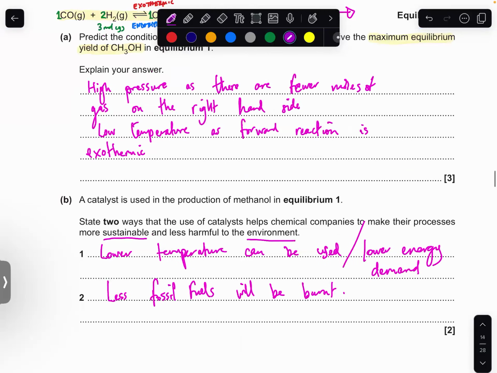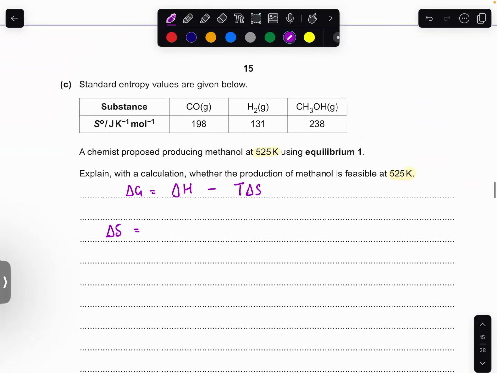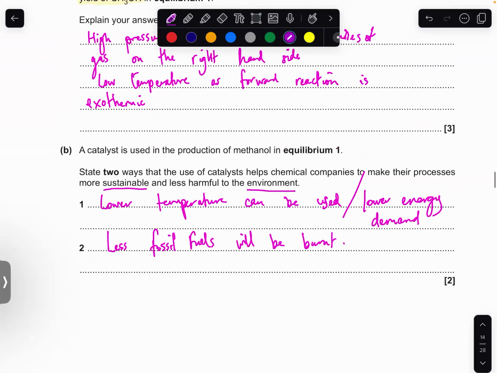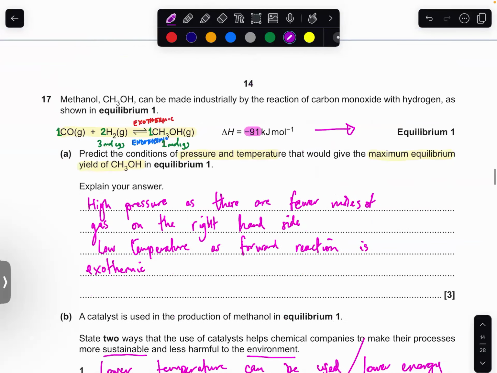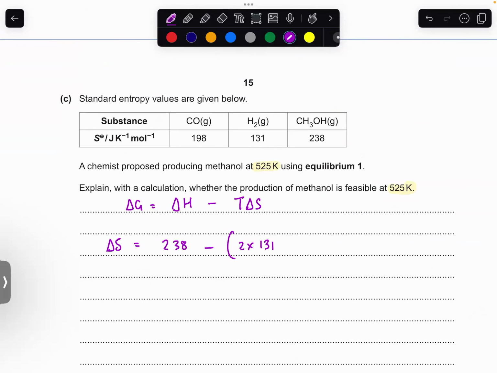So it's going to be methanol 238 minus, there's two hydrogens, minus 2 times 131 plus 198. This gives you the entropy change.